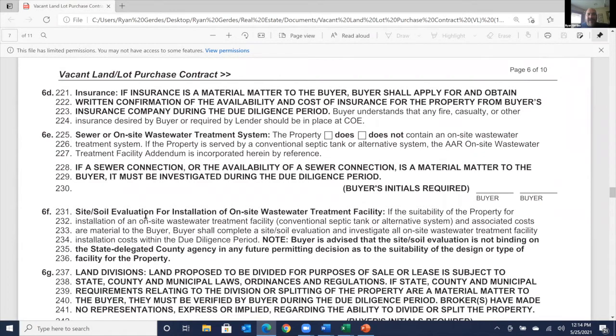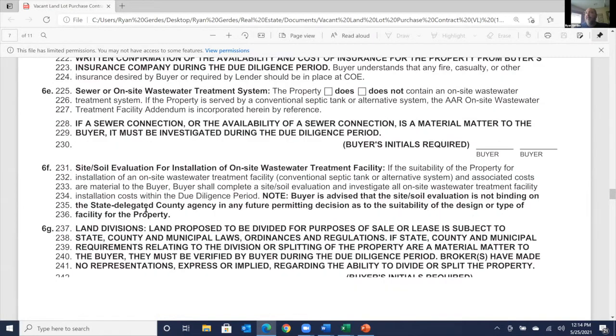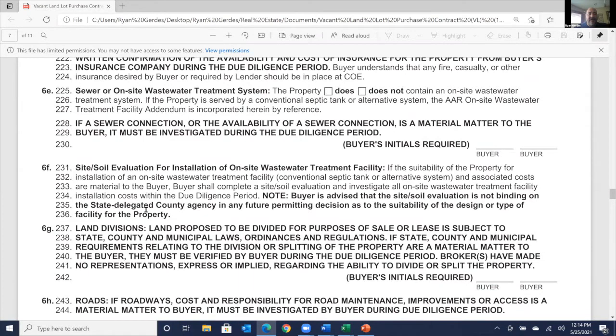Site soil evaluation, that will be for the buyer to do what's called a percolation test. So generally speaking, that will be on the buyer's dime in order to get that done.